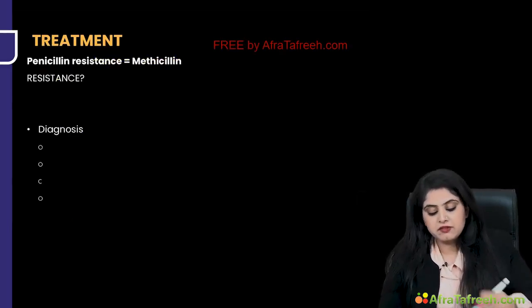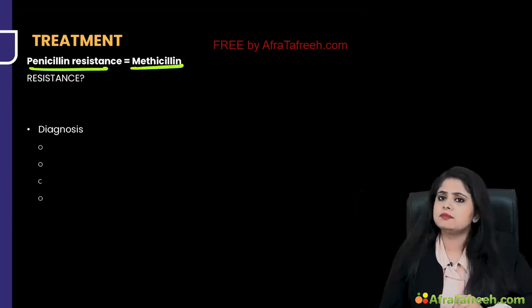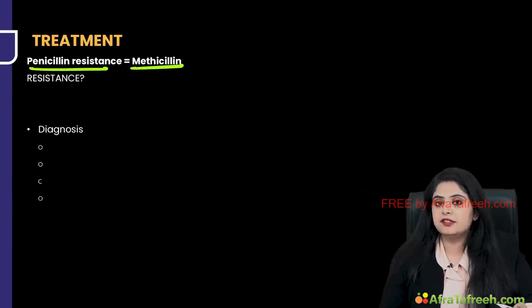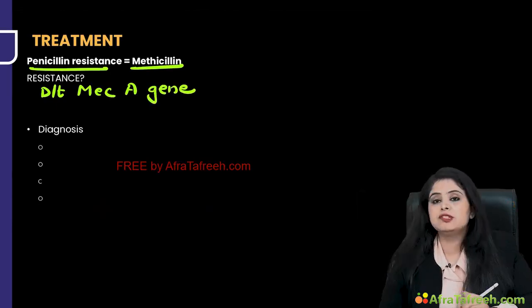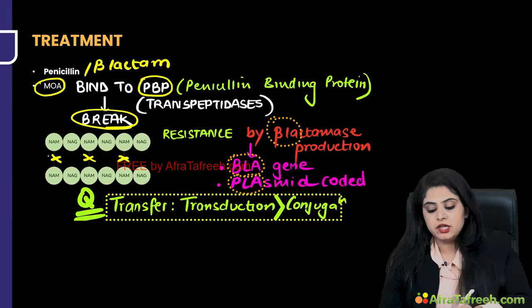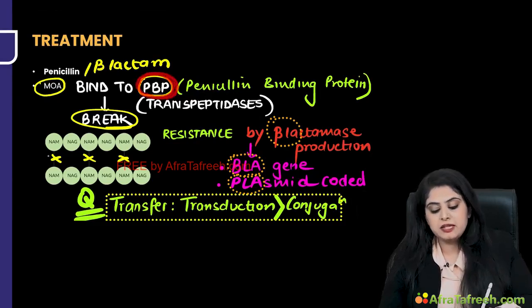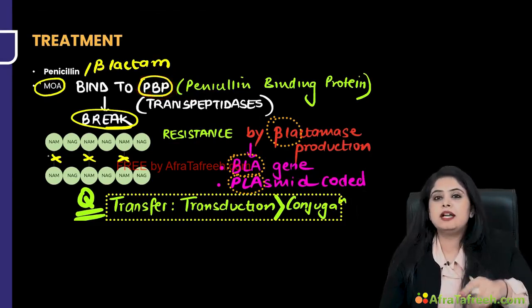Okay, so now tell me, if someone is penicillin resistant, what are you going to use now? Now we'll start using methicillin. But can methicillin also be resistant? Yes, methicillin resistance is also known, and that is due to the mecA gene. What actually happens? You will say, ma'am, that binding site only changes. You told me that the bacteria will be having a PBP. Over there, the antibiotic will act.